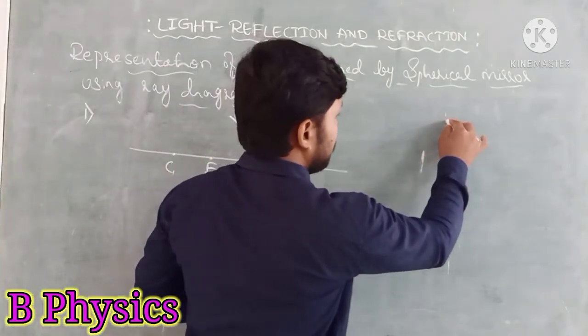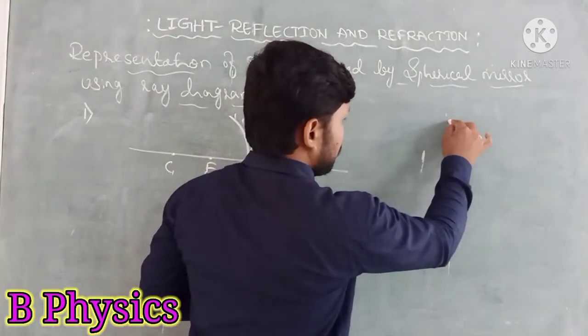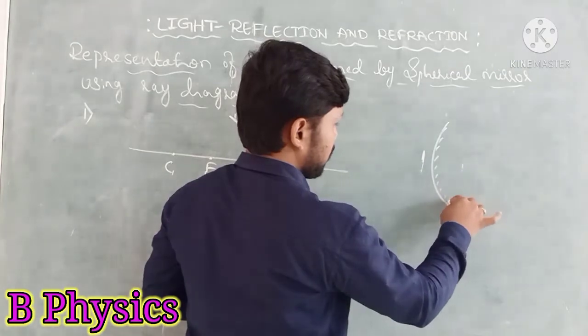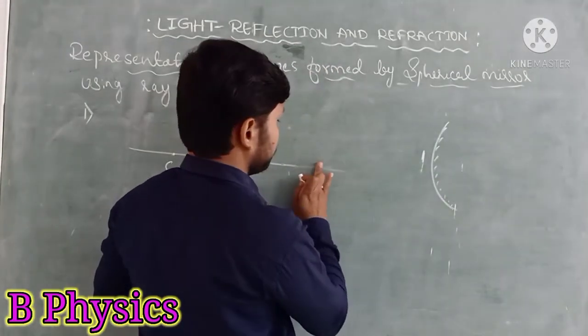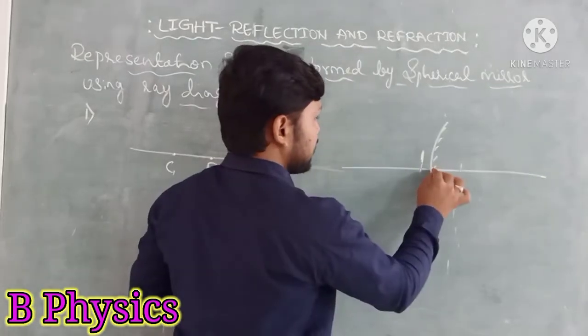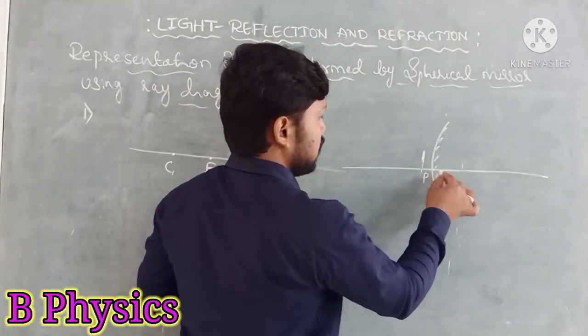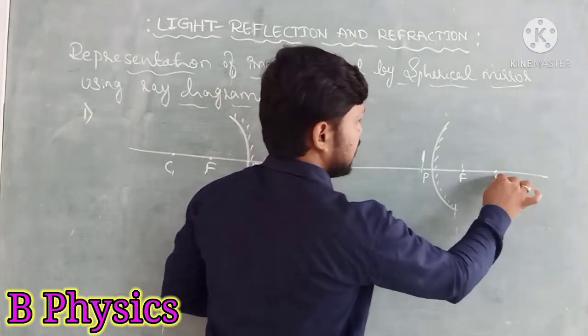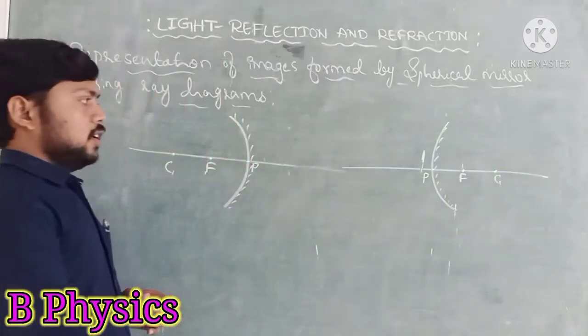Similarly, draw a convex mirror, then principal axis, label pole of the mirror, principal focus and center of curvature.